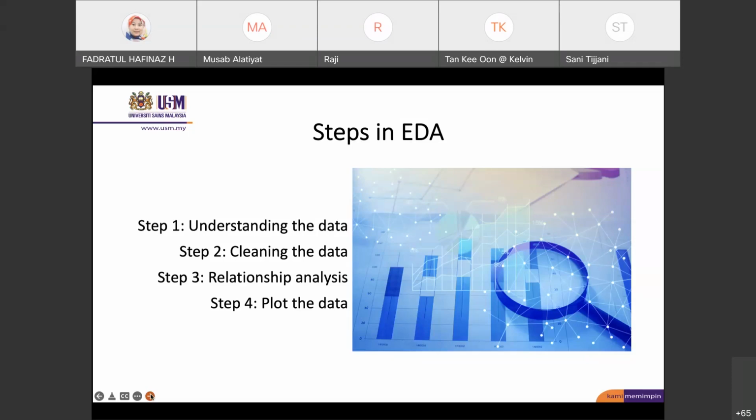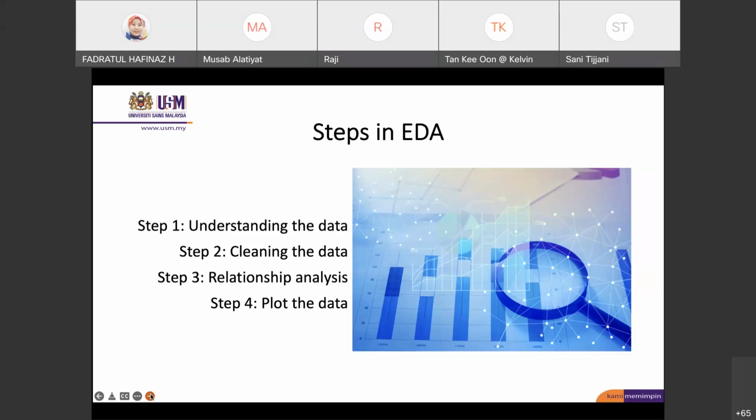Q1 is the 25% of the data, Q2 is the 50% of the data, Q3 is the 75% of the data, right? So this is how we do the first step in understanding the data, right? You first check your first 5 rows of the data, check your last 5 rows, check the total number of rows and columns, and then summarize your data set into descriptive statistics, right? So that is the first step.